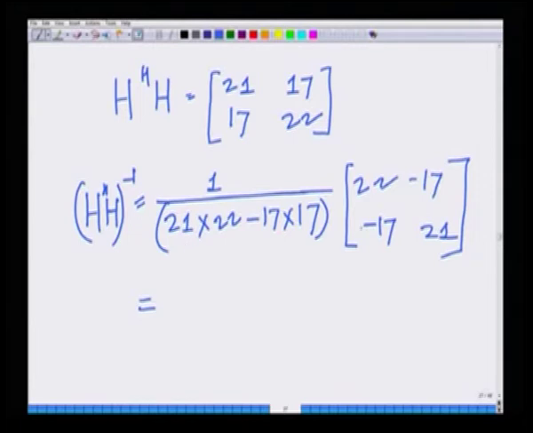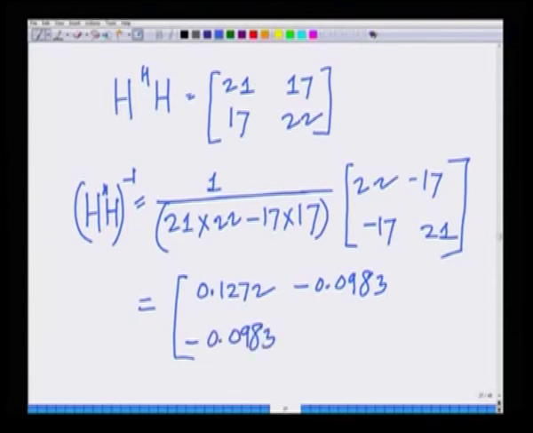I will not do this computation here, but you can compute this matrix: 0.1272, minus 0.0983, minus 0.0983, 0.1214.